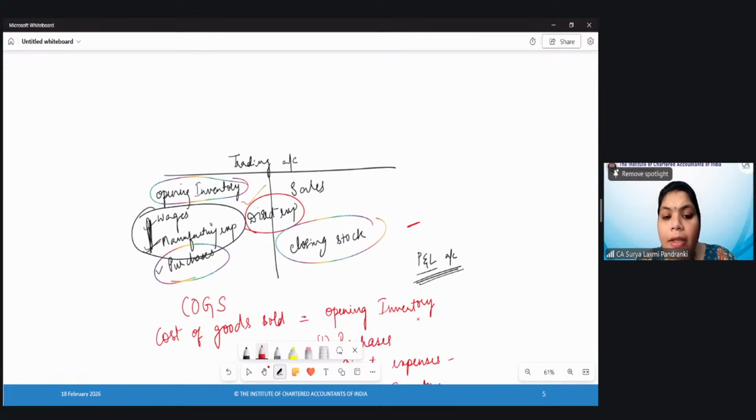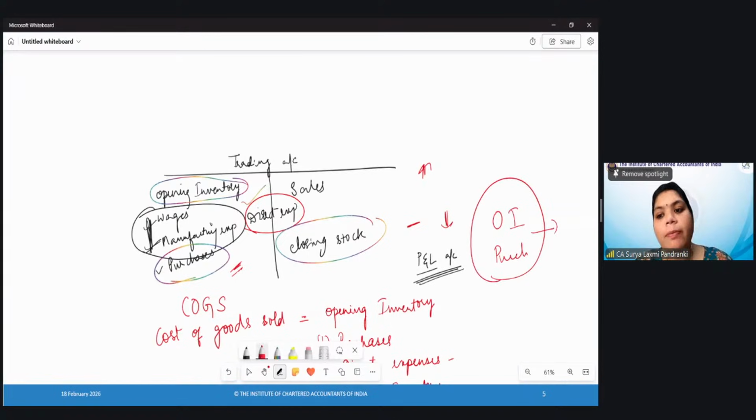Then profit depends on purchases also, no? We can't directly say that if you have more sales, then closing stock will be less. It also depends on what opening inventory you have and what purchases you have made in the year. With the opening inventory you have at the start of the year and whatever purchases you have made, out of these two only you will make sales. After sales are made, whatever is left over is called closing inventory.